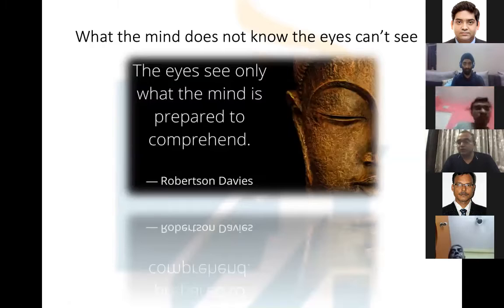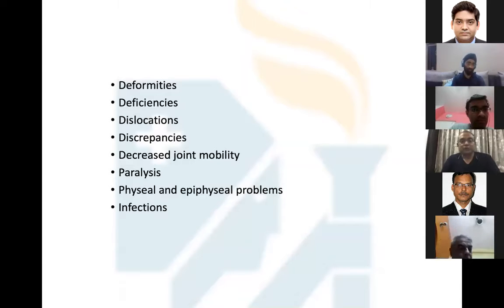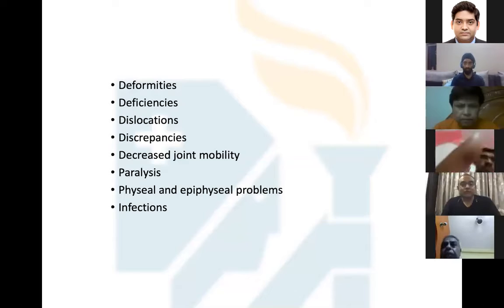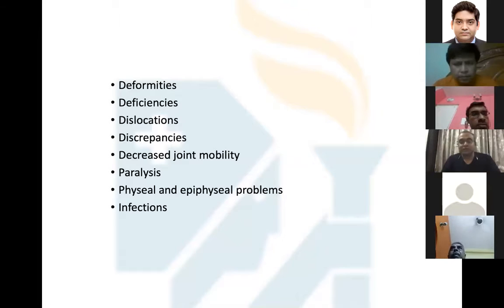Now here it is important for us to understand that what the mind knows, only that we are prepared to comprehend and see. So coming to the pediatric foot and ankle examination, let's approach it slightly differently. We have so many D's and some P's. For deformity and deficiencies, most of the time it is picked up by inspection, so we have to be very thorough in history taking and inspection.